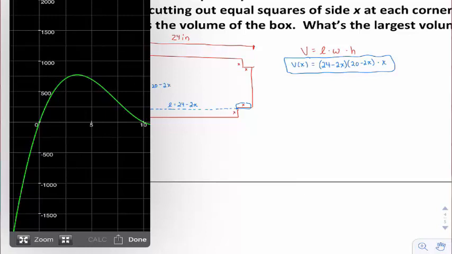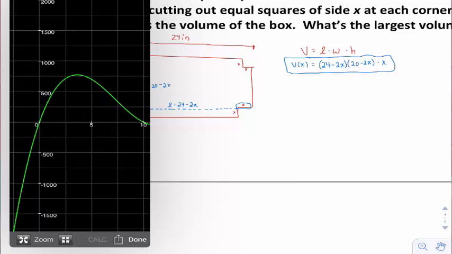If you do that, your graph should show, it should almost actually look like a parabola, but as we know it's not. And we're going to find that maximum value. So I'm going to go second calculate maximum, and again it's going to ask you for a left bound and a right bound. So you find your left and your right bounds, and then we're going to hit enter.